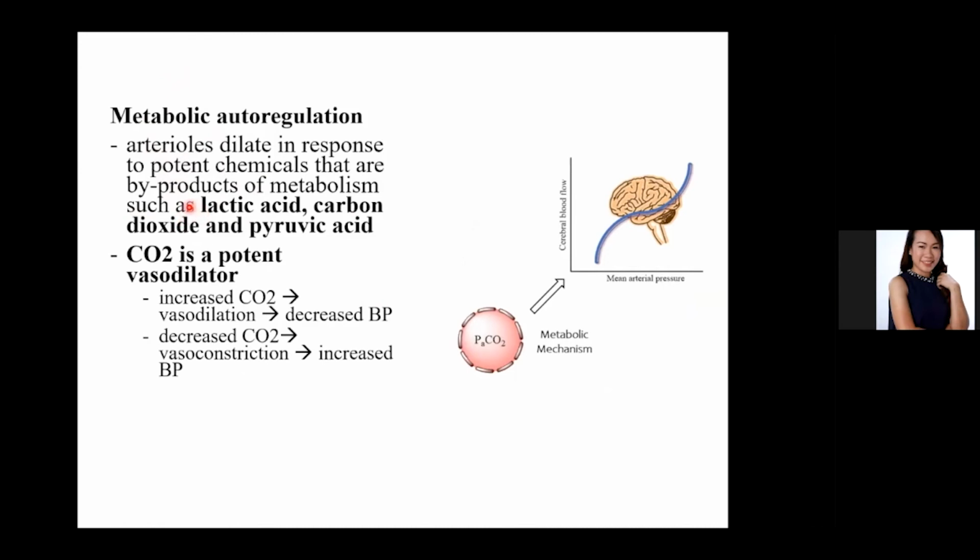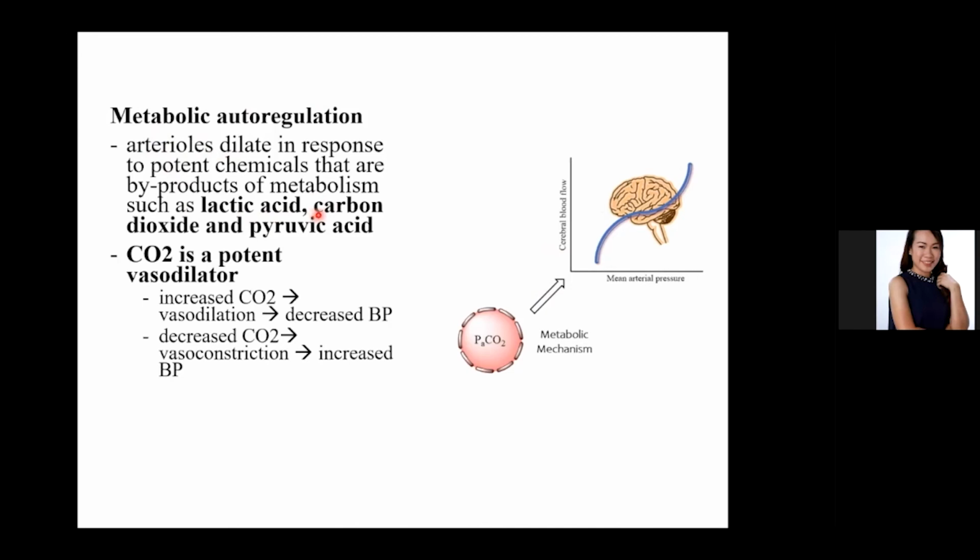If there is anaerobic metabolism, our body will produce lactic acid. So if there is high lactic acid, it means the body needs more oxygen. Therefore, the arterioles will have to dilate to increase blood flow going to the brain because of this lactic acid.